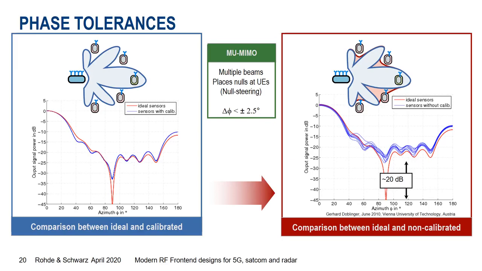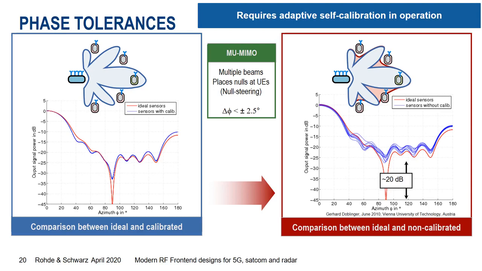If there is some phase tolerance, the nulls are not really nulls anymore and they are looking at different areas. So the other users also see some signal from that beam, which creates a higher noise floor for them, making it harder for them to keep up with their connection. So what we are seeing is that there is typically an adaptive self-calibration in operation.